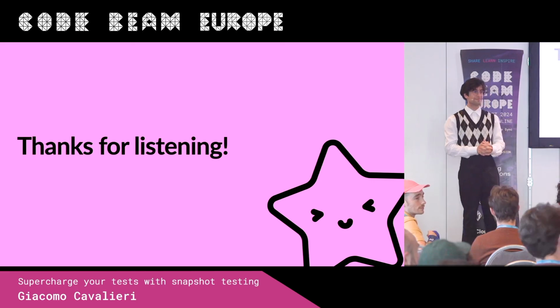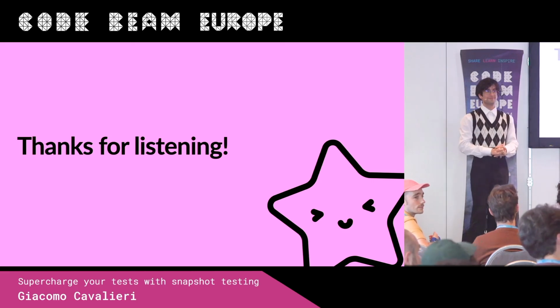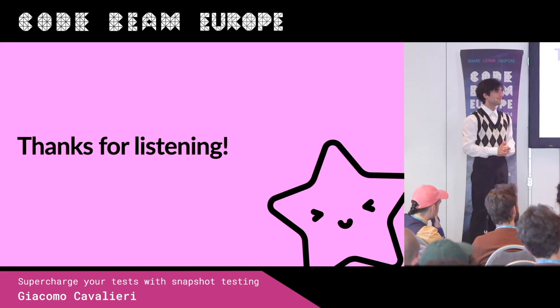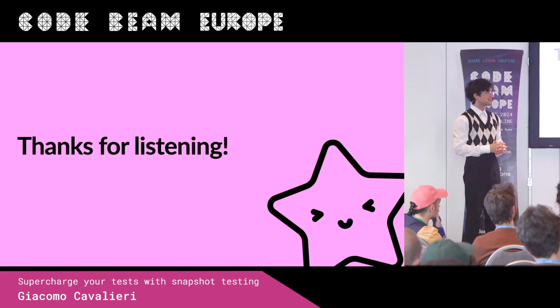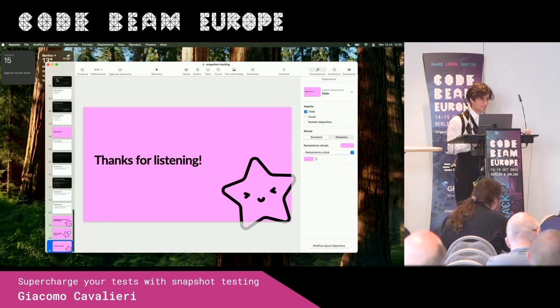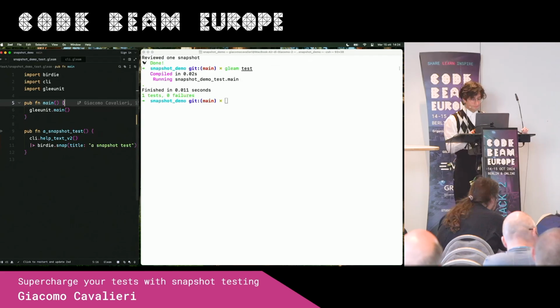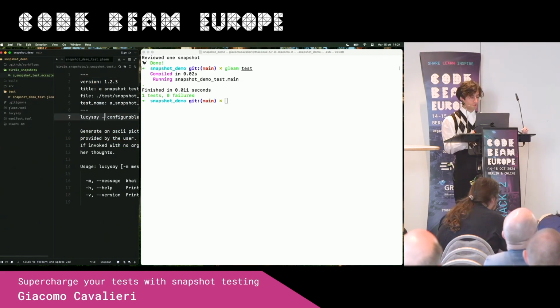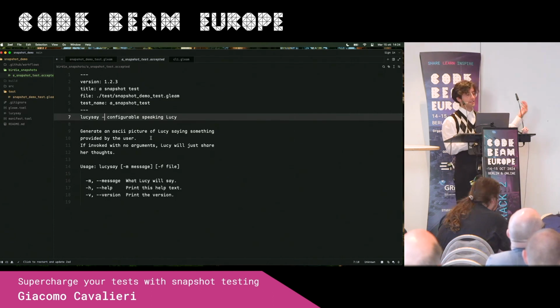All right. We have time for some more questions. I have one from the app, and the question is: do you have an example of a snapshot file? Yeah, I can show you the one from the live demo. Here you have a directory with all your snapshots, and this is the snapshot file.